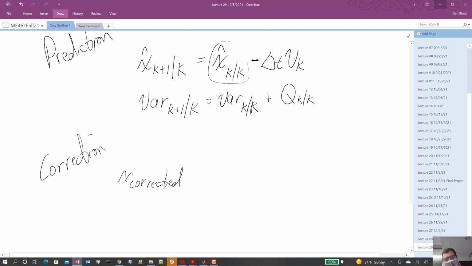X corrected is equal to this prediction right here. So I'll use the notation here for a second. This guy plus our K times X sensor minus X prediction. This is that K plus 1 given K, right there.